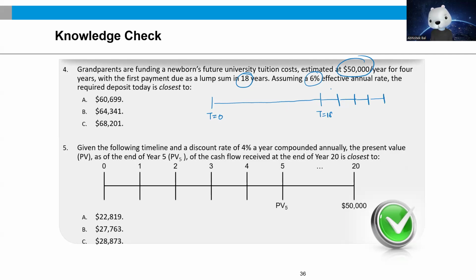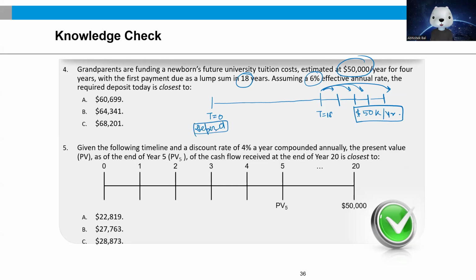And each one of them will require an estimated 50,000 US dollars as part of the tuition fees. Okay, so the grandparents want to fund this newborn's college education at that particular point in time. At the 6% effective annualized interest rate, what should be the lump sum deposit out today? That's the question that's being asked.